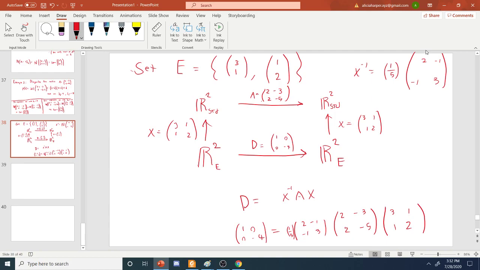And this precisely diagonalizes our matrix. So this completes the diagonalization of the matrix A. Let's do another example.